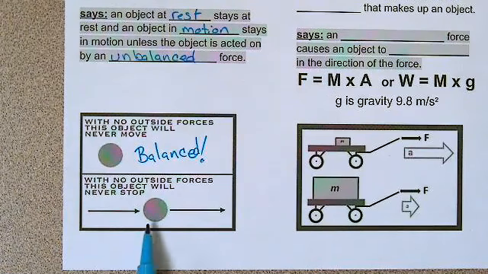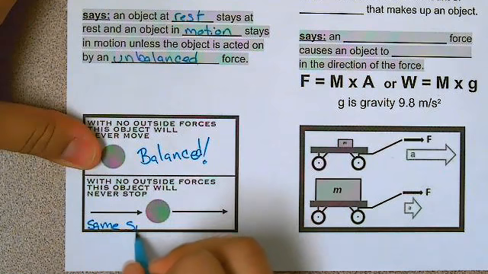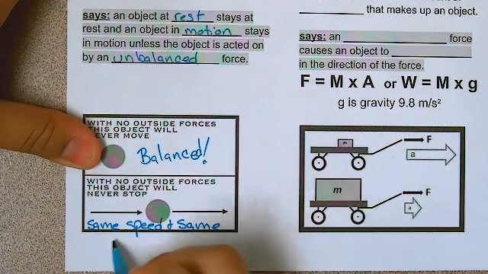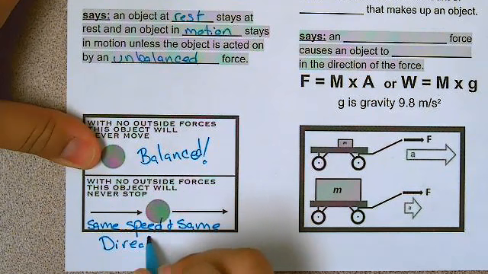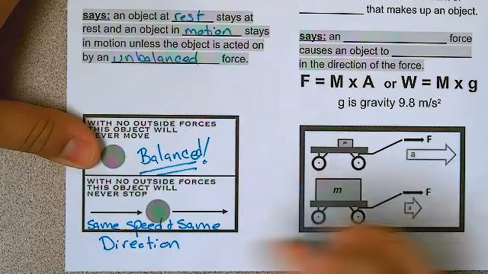Okay, the same thing with a ball that's in motion. A ball that's in motion is going to stay in motion in the same speed, in the same direction, unless it's acted on by an unbalanced force. Again, because it's balanced.